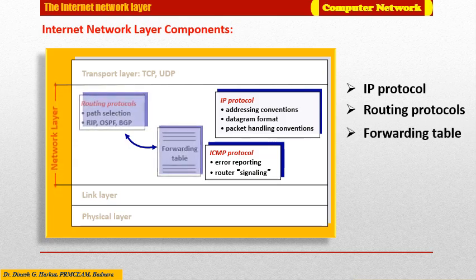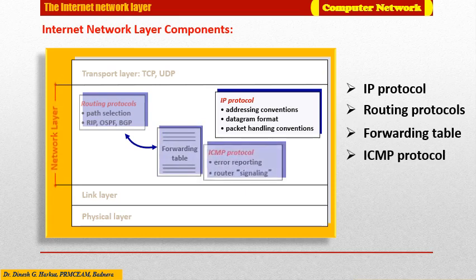which determines the path a datagram follows from source to destination. As mentioned earlier, the routing protocol computes the forwarding tables that are used to forward the packets through the network, which forms the third important component of the network layer, that is the forwarding table.